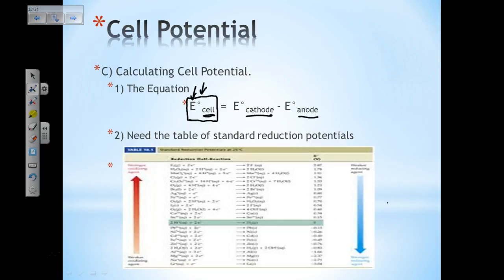So we find the reduction, and then we find the anode reaction on this table of standard reduction potentials. This is a big long table, and I scrunched it all up. You can probably guess that this is the hydrogen. But let's step through a problem, and I will call up an actual table of standard reduction potentials so that we can see how to use it. And I'll do a little math.